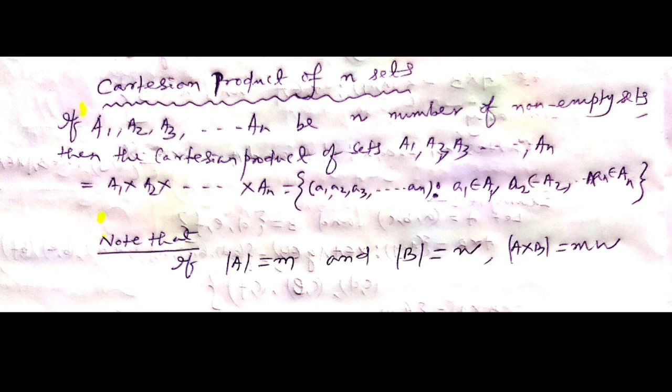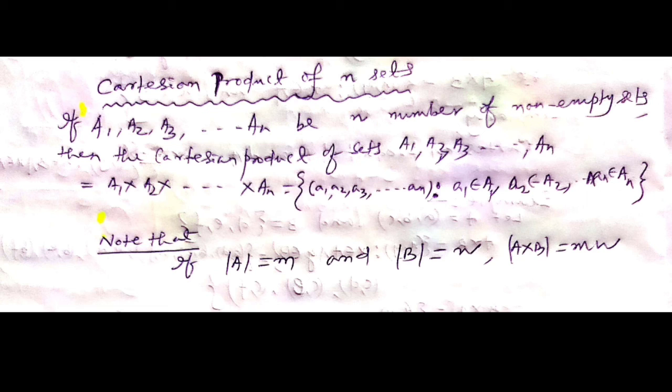Cartesian product of n number of sets. If A1, A2, A3 up to An are n non-empty sets, then the Cartesian product of the sets A1, A2, A3 up to An is equal to A1 cross A2 cross A3 up to cross An.